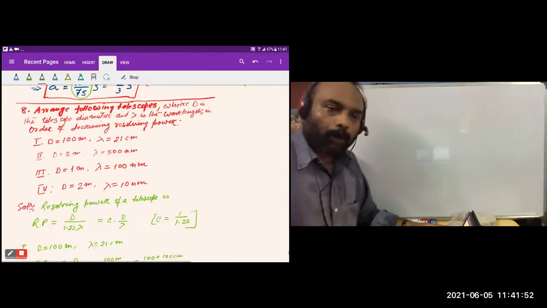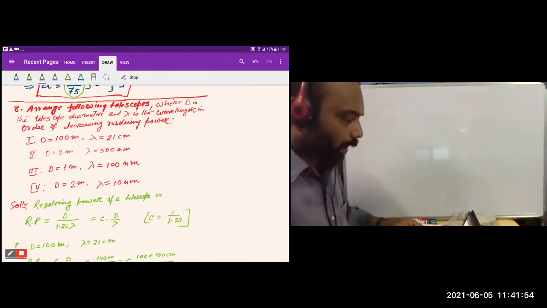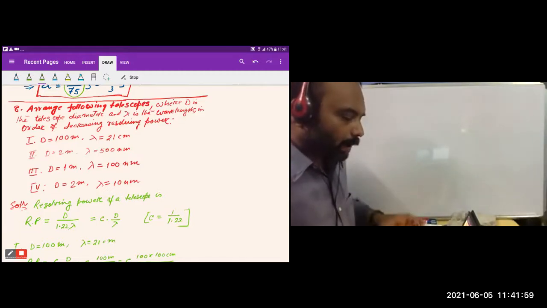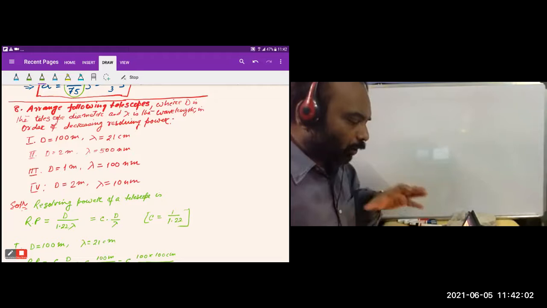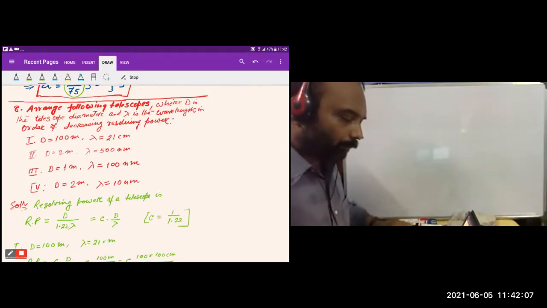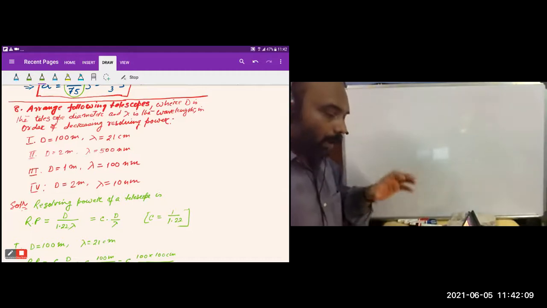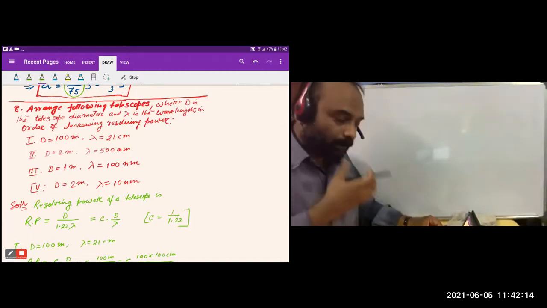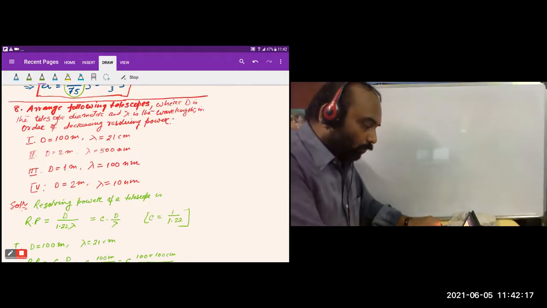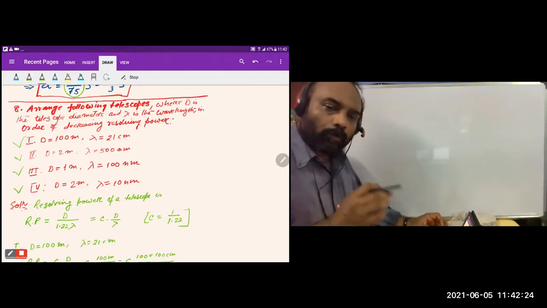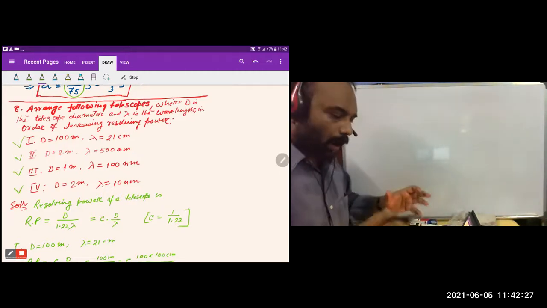Now next problem. Problem number 8. Arrange the following telescopes, where D is the telescope diameter and lambda is the wavelength, in order of decreasing resolving power. So you have to arrange it. So 4 telescopes, 1, 2, 3, 4 with different diameters and wavelengths.